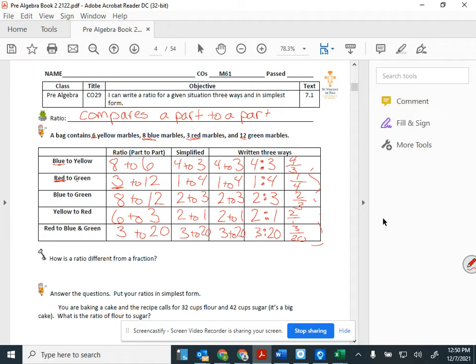So a ratio compares part to whole. I'm sorry, part to part.